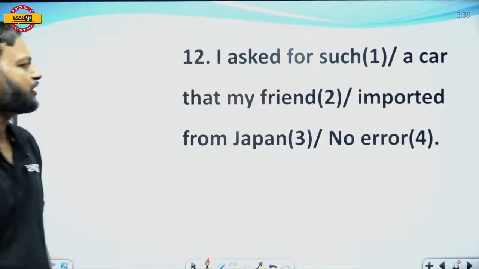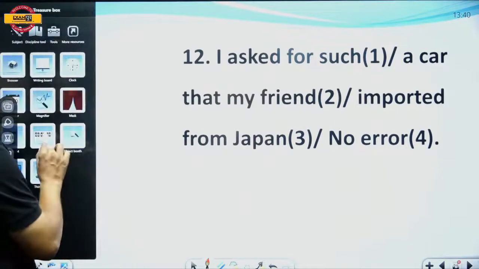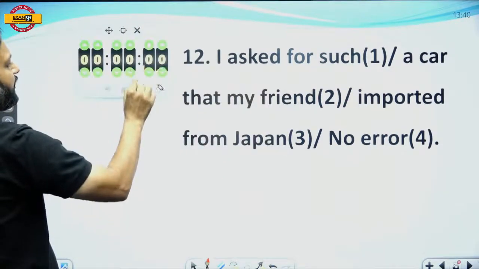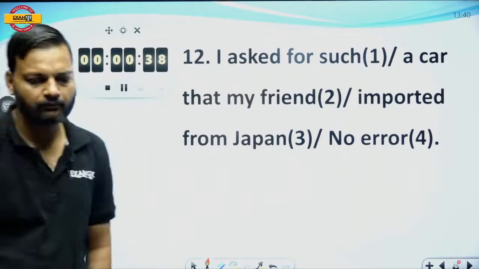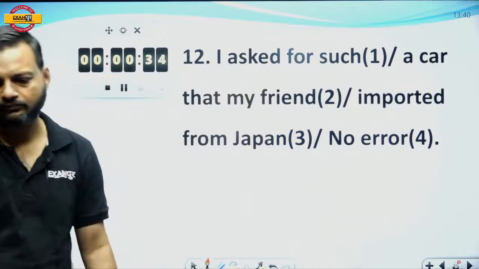Let's see the next sentence. I asked for such a car that my friend imported from Japan. I'm giving you 40 seconds to solve this question. Tell me what is the error in this sentence?